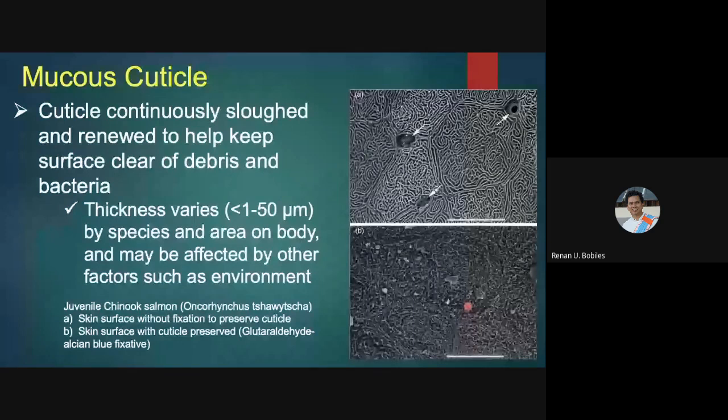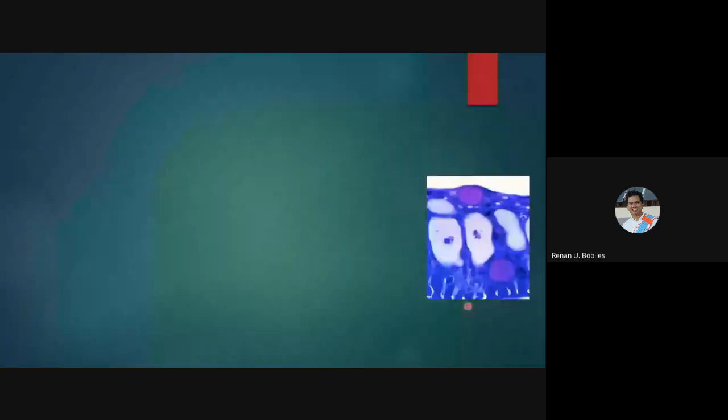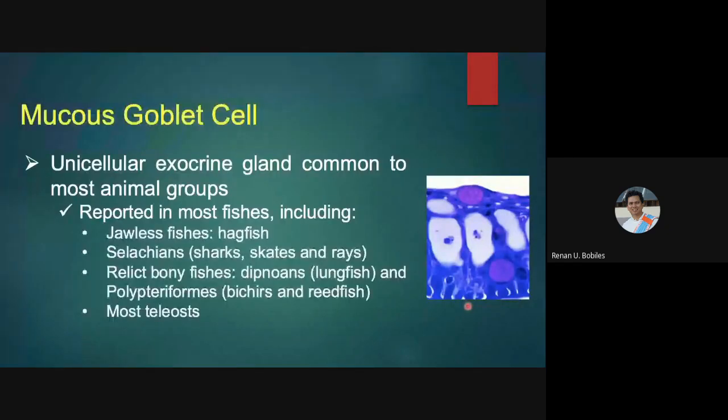Okay? Mucous cuticle. We also have yung tinatawag natin na mucous goblet cell. A mucous goblet cell, it is a unicellular exocrine gland. Okay? Exocrine gland common to most animal groups.